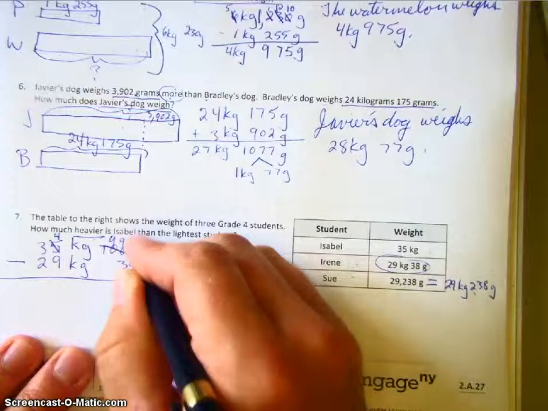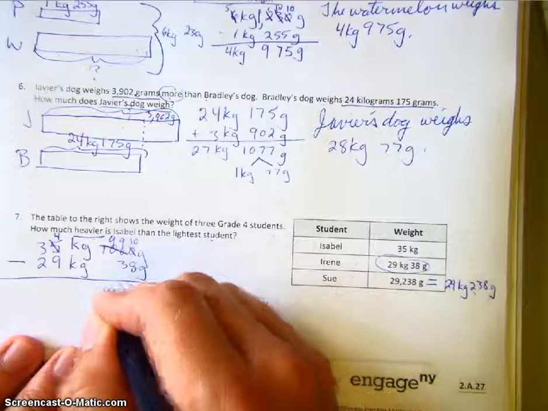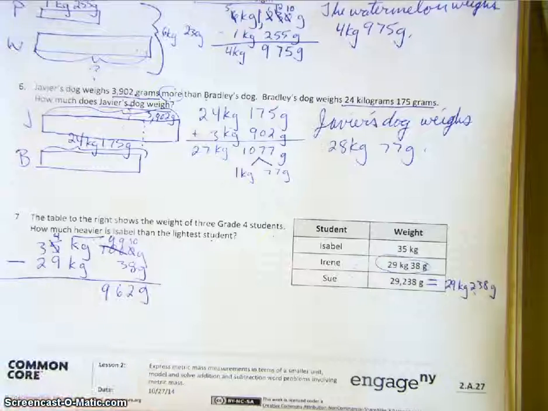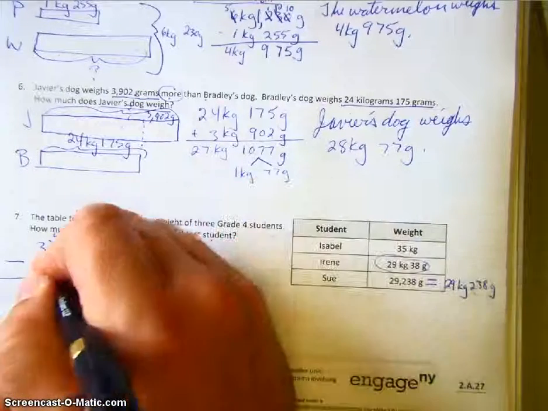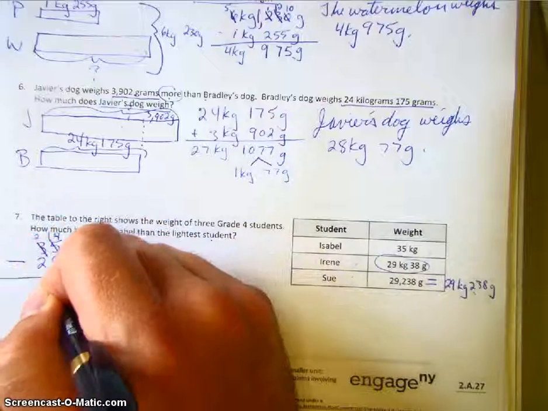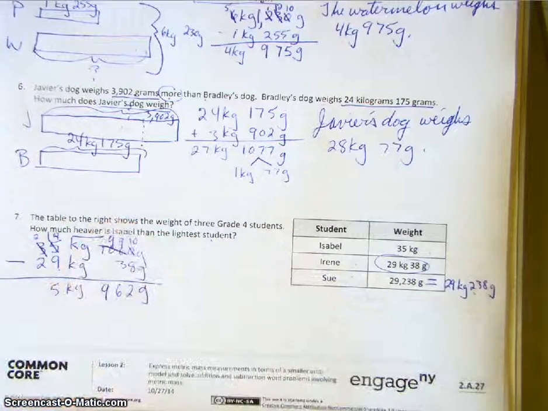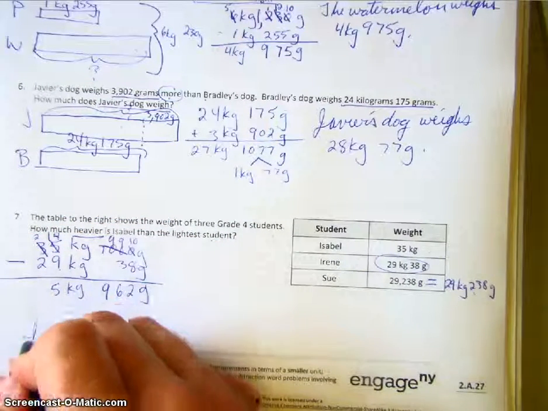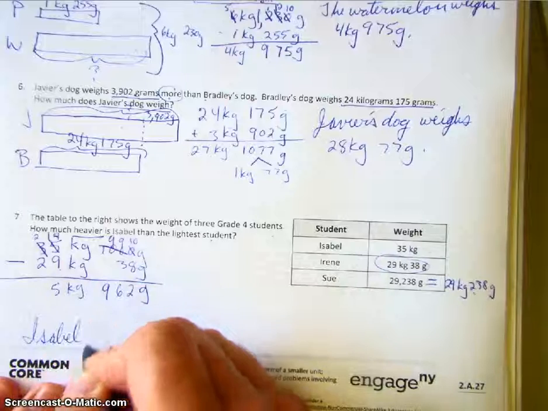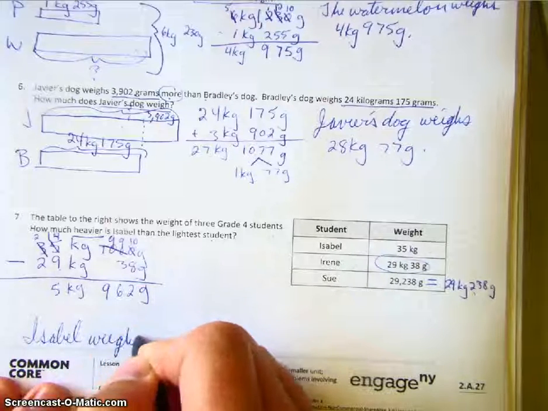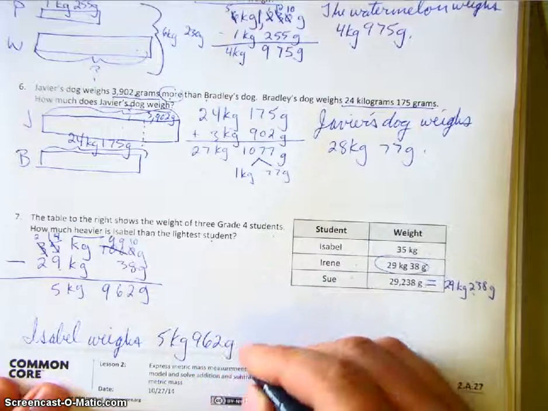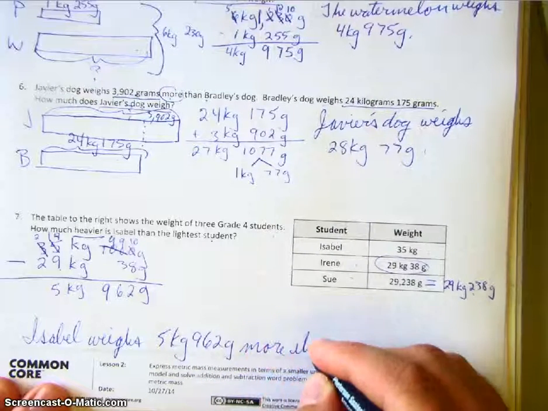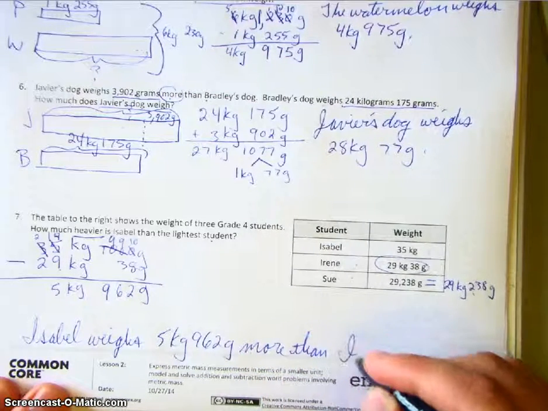So 10 minus 8 is 2, 9 minus 3 is 6, so we get 962 grams. Now we come over to our kilograms, and we have 34 minus 29, so we have 5 kilograms, 962 grams. So Isabel weighs 5 kilograms, 962 grams more than Irene.